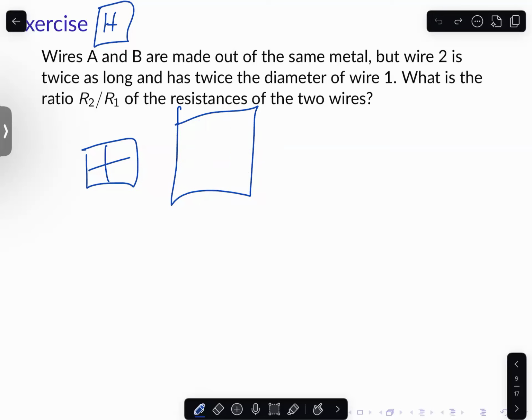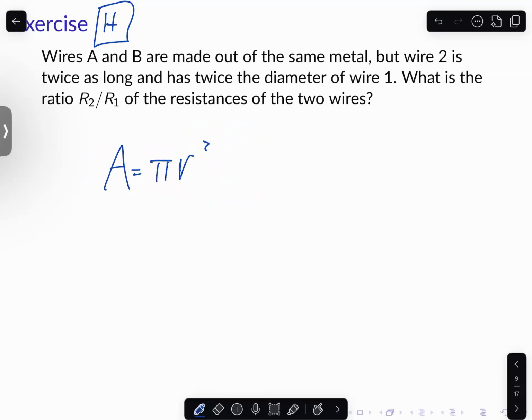In the formula pi r squared, if r becomes 2r, that is not equal to pi times 2r. What's 2r squared? Is that 2r squared?